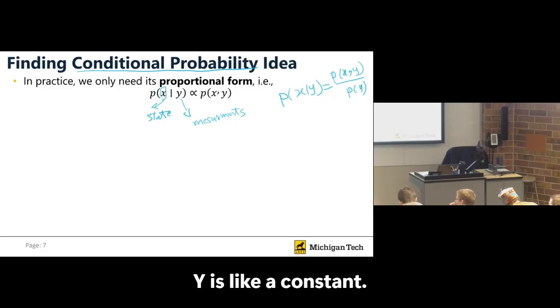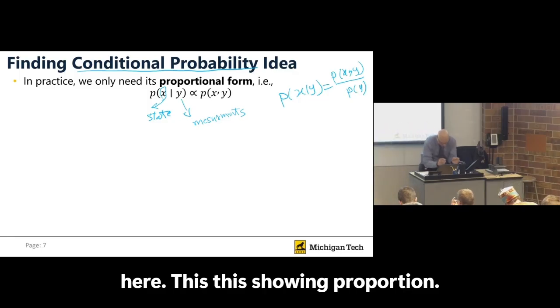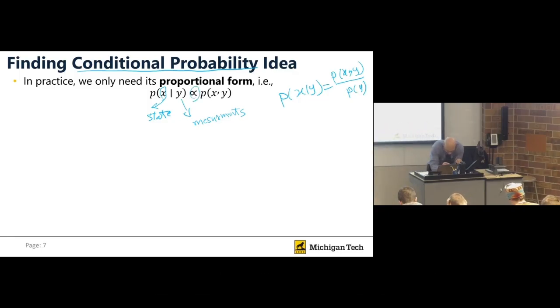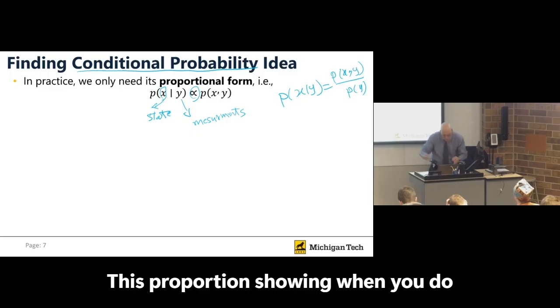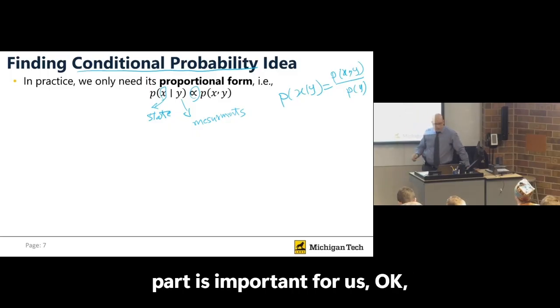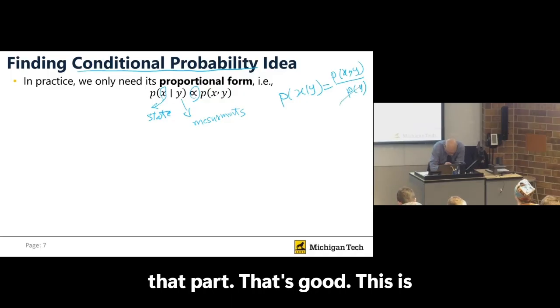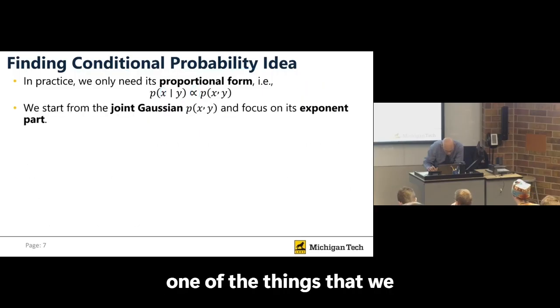Y is like a constant. That's why we have a proportion here. This proportion shows that when you do maximization or minimization, just that part is important for us. So we remove that part. That's good. This is one of the things that we always need.